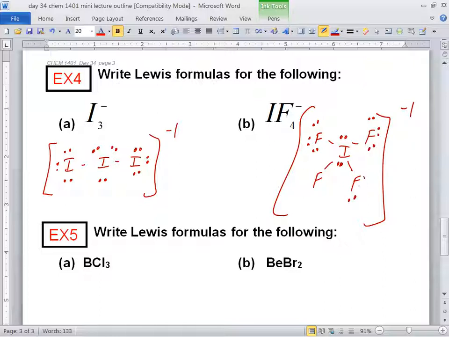On that center atom, just try to spread the dots out as much as you can. That'll help you for what's coming up.